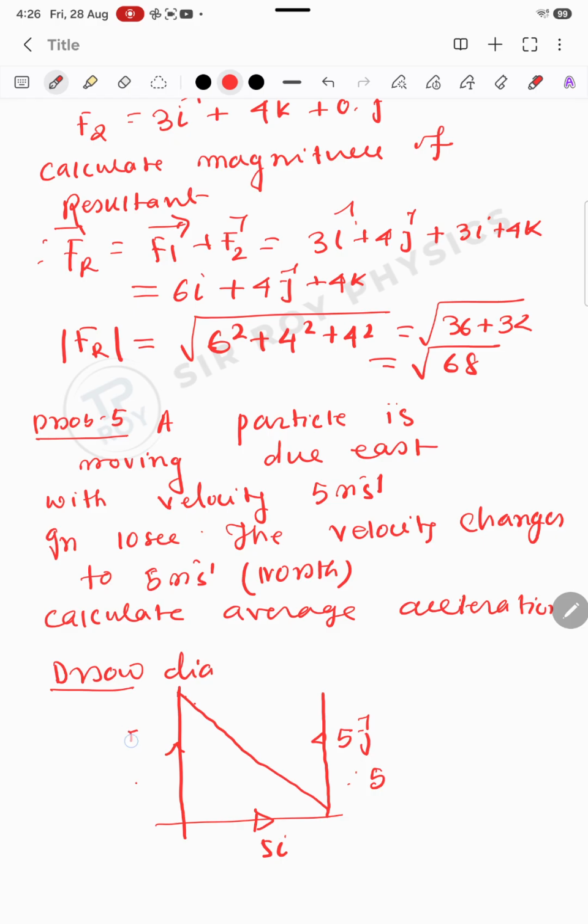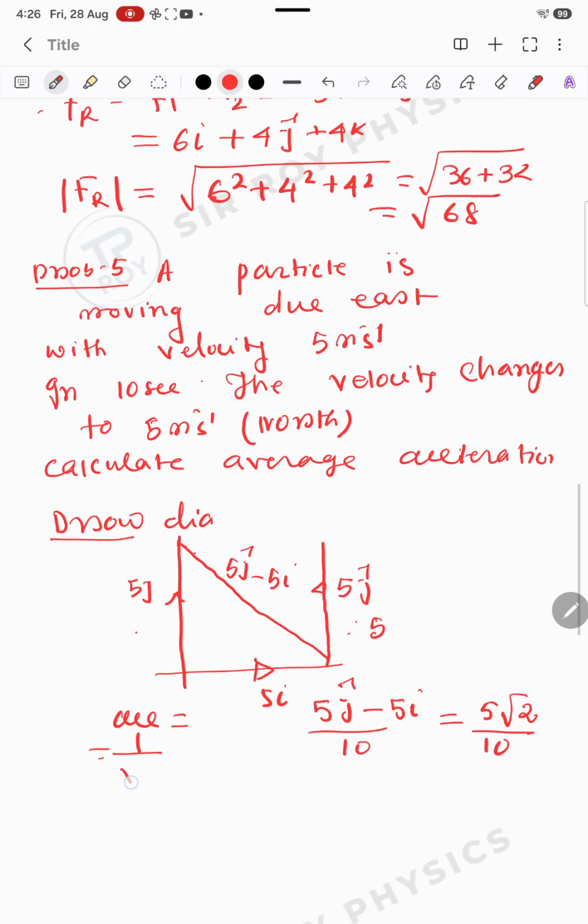It is coming 5j vector minus 5i vector by 10, that is equal to 5 root 2 by 10, therefore 1 by root 2 meter per second square, northwest.